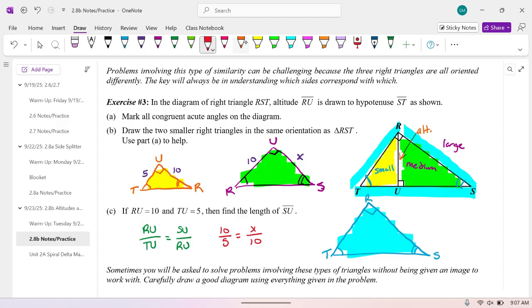So I'm going to cross multiply. 10 times 10 is what? And then 5 times X is just 5X. Divide by 5. X has to equal what? 20. So SU has to be equal to 20.